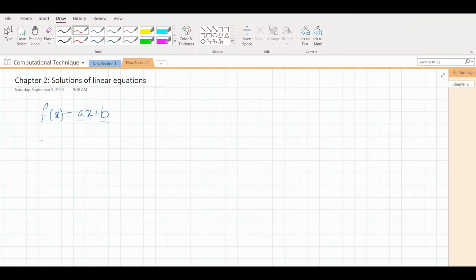Now the linear equations may depend upon many variables, which may be x1, x2, x3 to xn, where you can have a1 x1, a2 x2, a3 x3, an xn, and you can have a constant b.